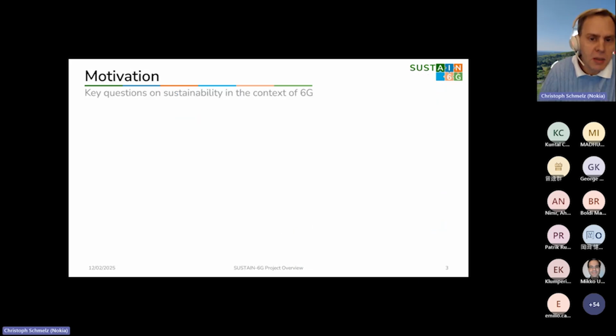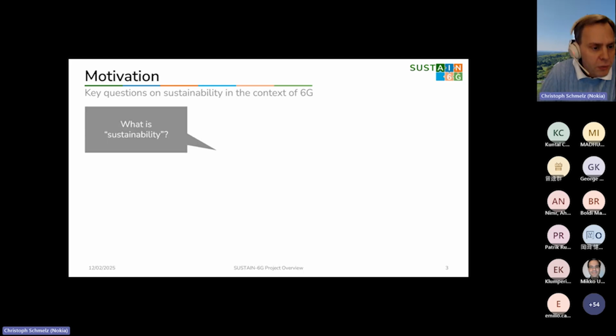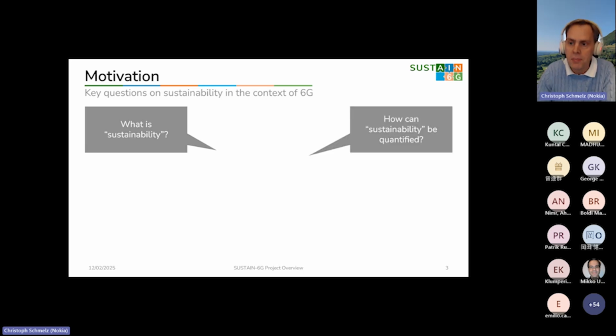Now, about sustainability, what does it mean, or what are the key questions in the context of 6G which we would like to address as part of the project? The first question, which is prone to lead to challenging discussions, is what actually is sustainability?